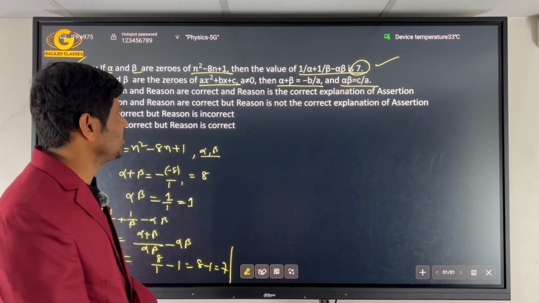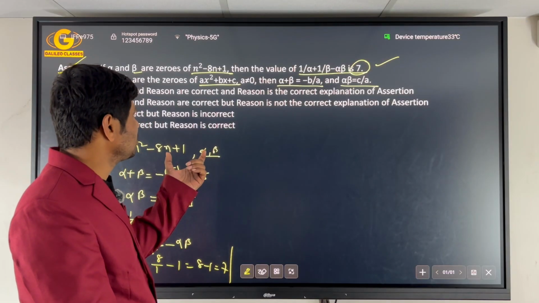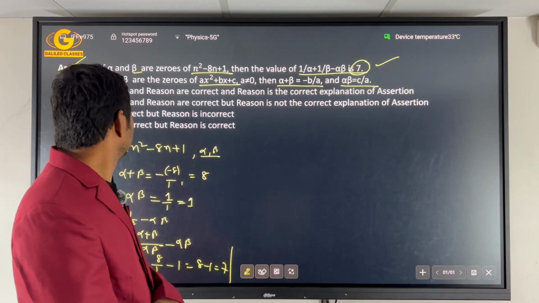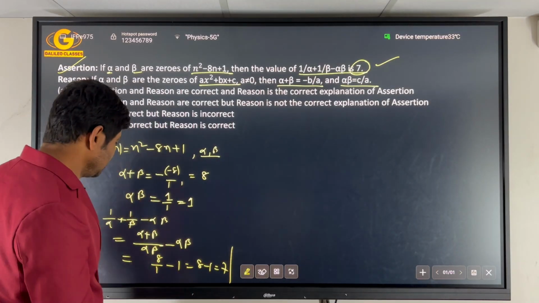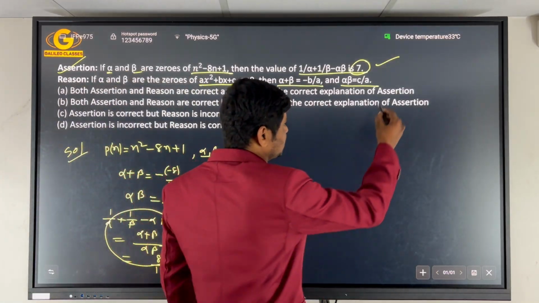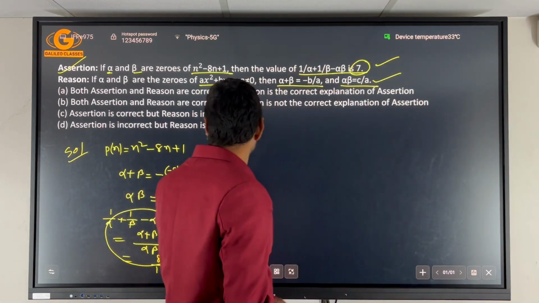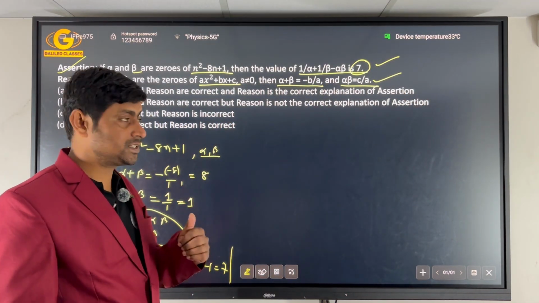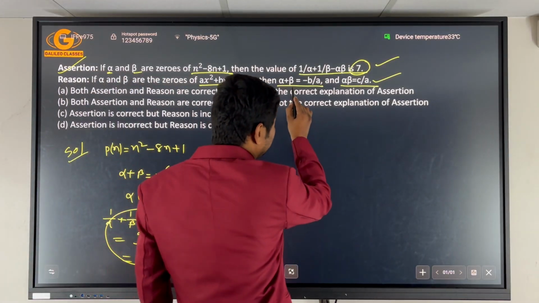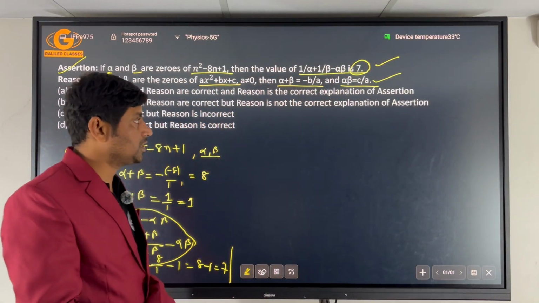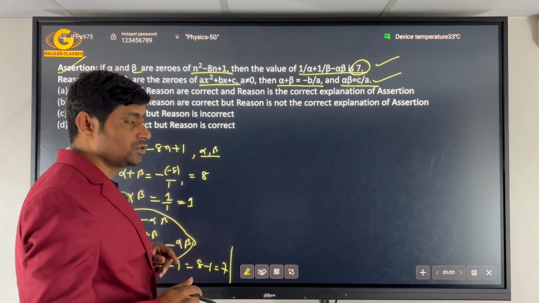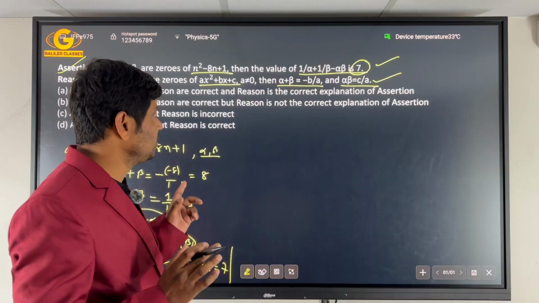So this is the general relation between the coefficients of a quadratic equation and its roots, and we have used this relation here. Therefore the assertion is right and the reason is also right, and since we used the reason's general case in the assertion, the reason is the correct explanation of the assertion.